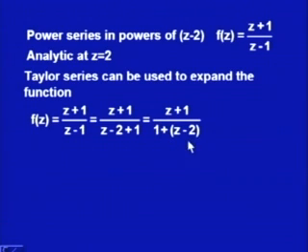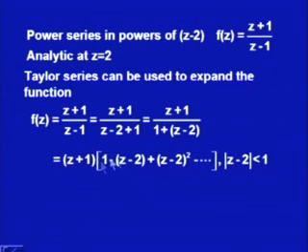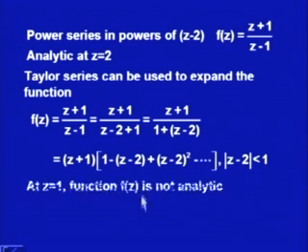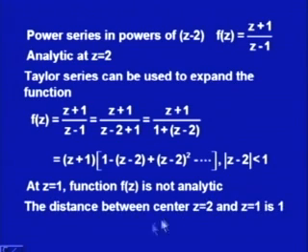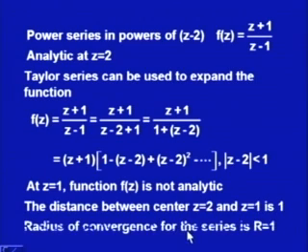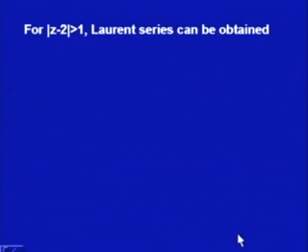So, we write down the function in this manner and then expand the denominator in powers of z minus 2, provided modulus z minus 2 is less than 1, otherwise this will not be convergent, and at z equal to 1, the function f(z) is not analytic. So, the distance between the center z equal to 2 and the point where the function is not analytic is 1. That is why we say the radius of convergence for the series is R equal to 1, and we have the Taylor series expansion.